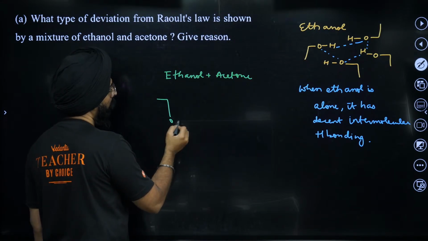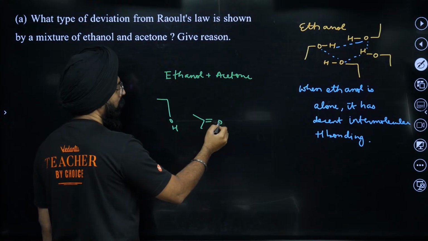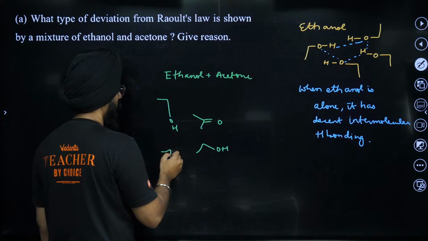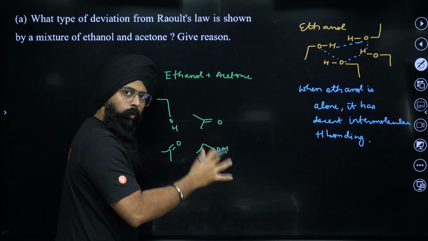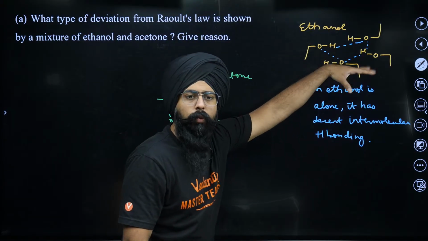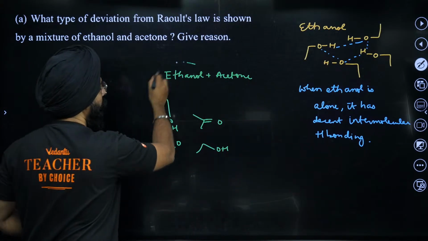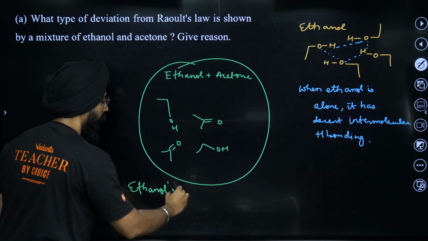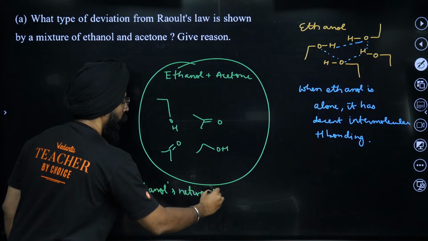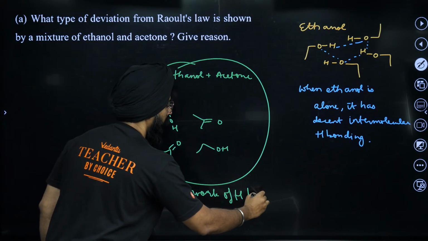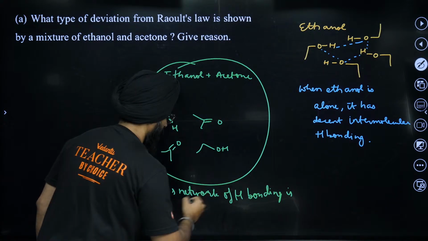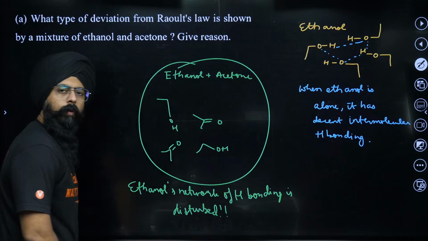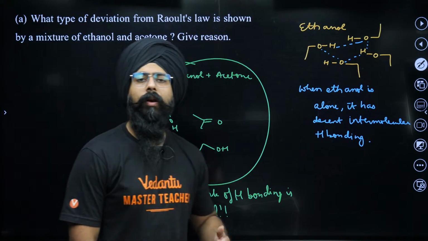So this ethanol guy with acetone guy, yeah, this is acetone. Ethanol, acetone. So now the problem is this is very well networked. But when you put it in acetone over here, ethanol's network of hydrogen bonding is disturbed.